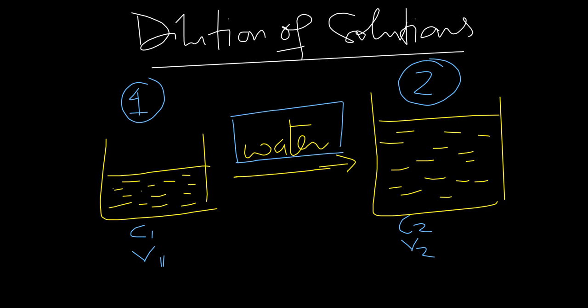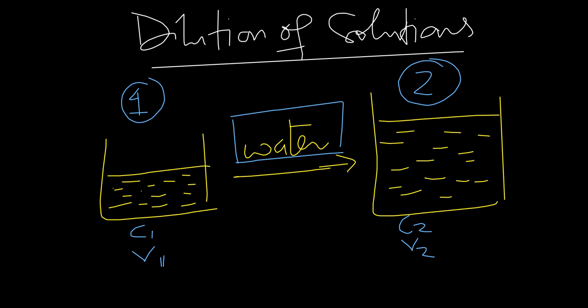And usually that results in producing a higher volume because you are adding more water. You end up producing another solution that has a lower concentration but has more volume. So it's also one of the things you need to know about dilution of solutions.